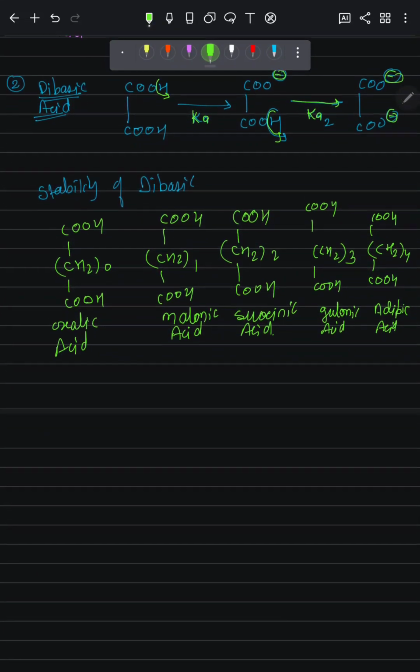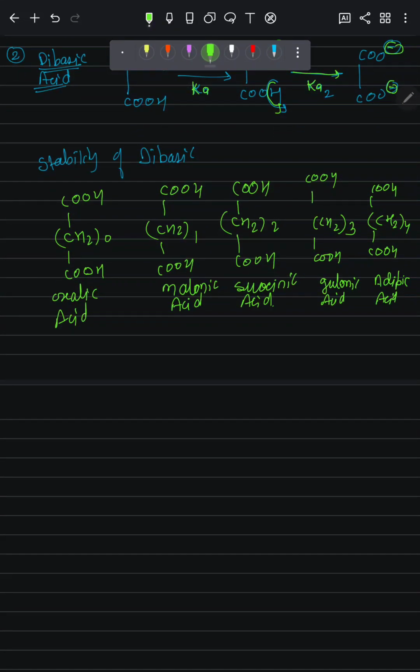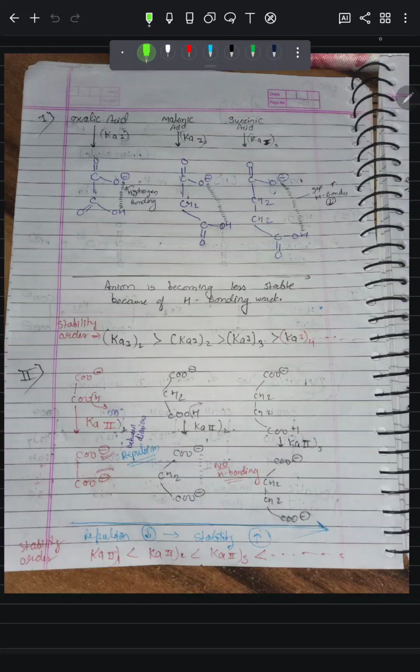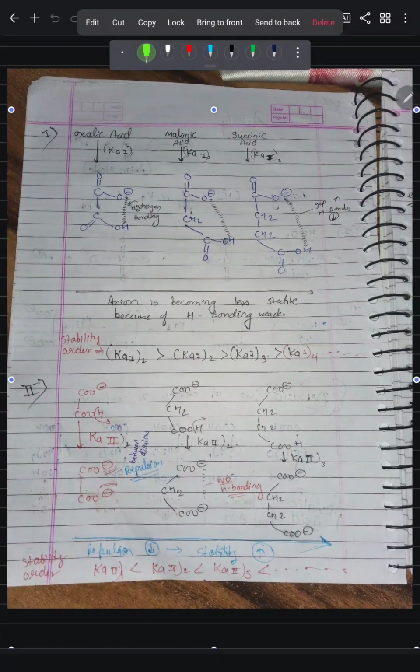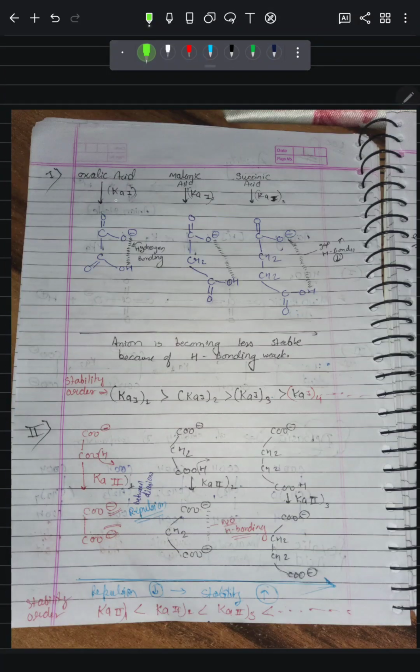Now what we have to do is we need to talk about the stability. As you can see, in oxalic acid, if we do the first acid dissociation constant, then the hydrogen will be removed and a negative charge is present, and hydrogen bonding can be seen. So the anion is becoming more stable because of hydrogen bonding.